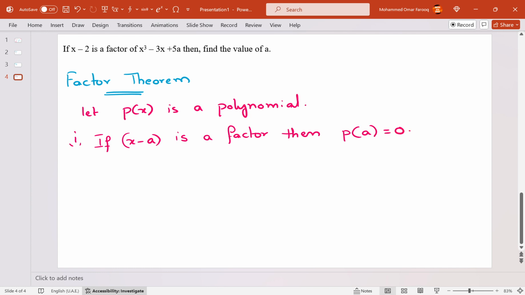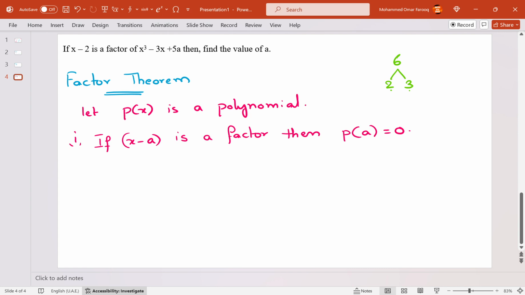I'll explain it to you. Whoever doesn't know about factors, let me explain. Suppose for example, if we take 6, what are the factors of 6? 2 times 3, right? So 2 3s are 6. Okay, now 2 is a factor and 3 is a factor.